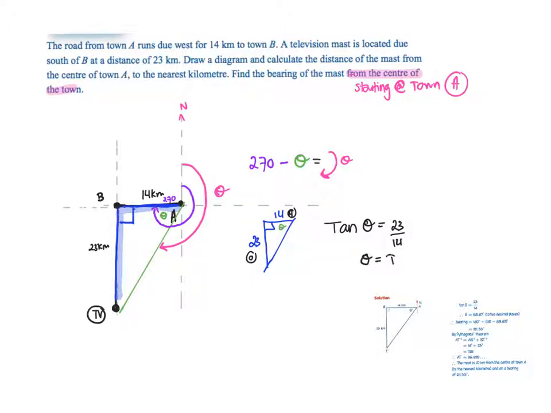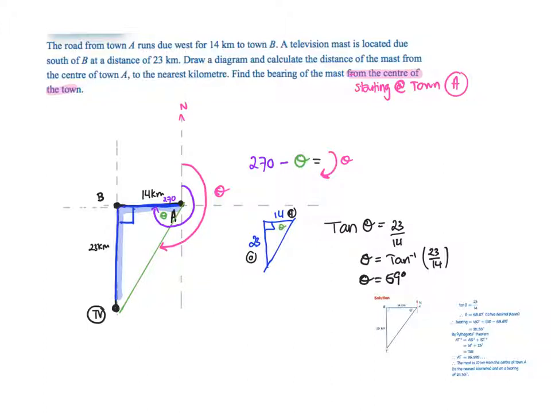And I'm going to find that by doing inverse tan. And I end up with the angle equals, what does that equal? 58. So maybe I'm going to round to 59 because we generally always talk in whole degrees.